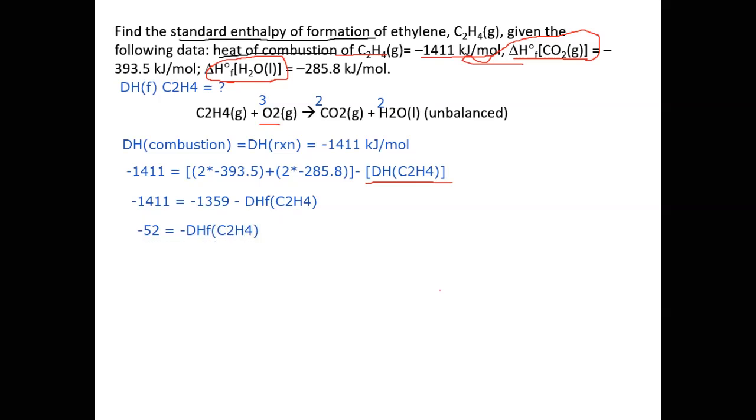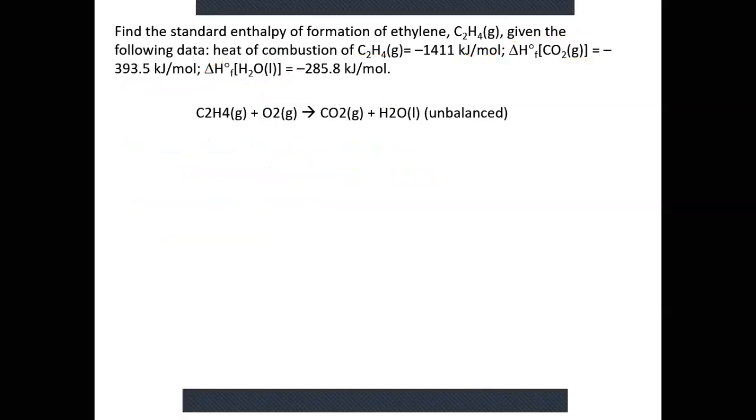Now we get rid of the negative sign, and we see that the delta H of formation of C2H4 is 52 kilojoules per mole. So that's the heat of formation of C2H4. Go on to the second example.